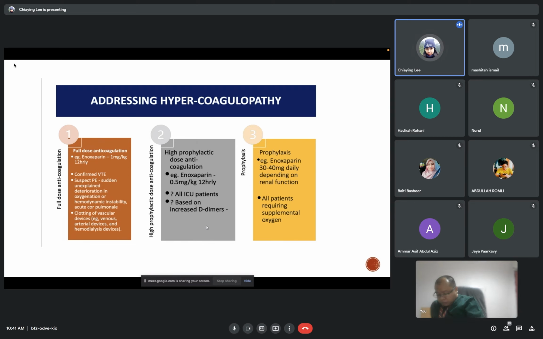And if the patient is in ICU, or you see the inflammatory markers like D-dimer is increasing in trend, we need to give high prophylactic dose. And in those who are having VTE or suspected PE or have some clotting of vascular device, we can start them on full treatment dose.